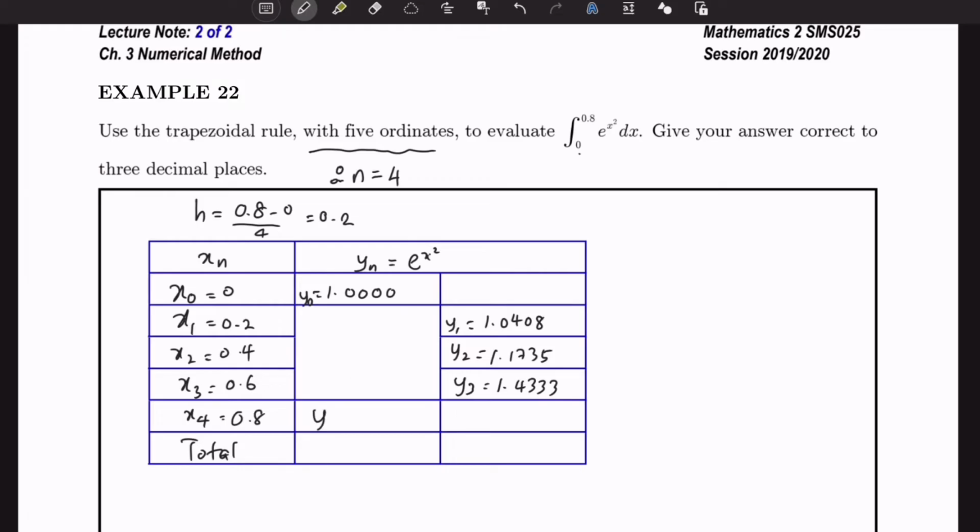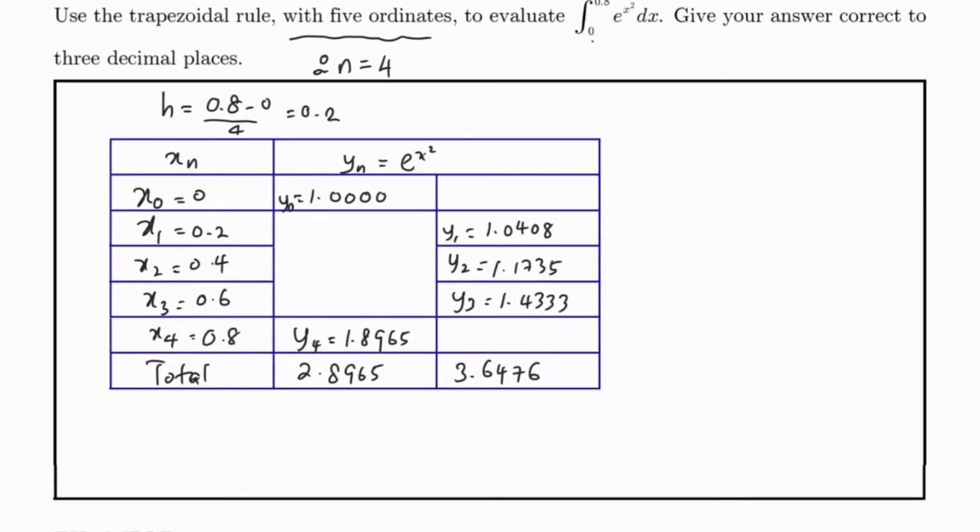And then y4 is 1.8965. So you add up. Here you get 2.8965, and here you get 3.6476.